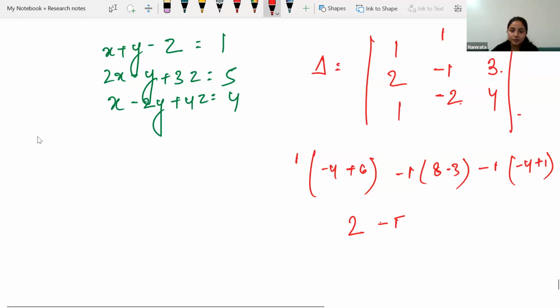What are you getting? Tell me. Let me know what you are getting from there. Are you doing it with me? So what are you getting from there as the value of the determinant?